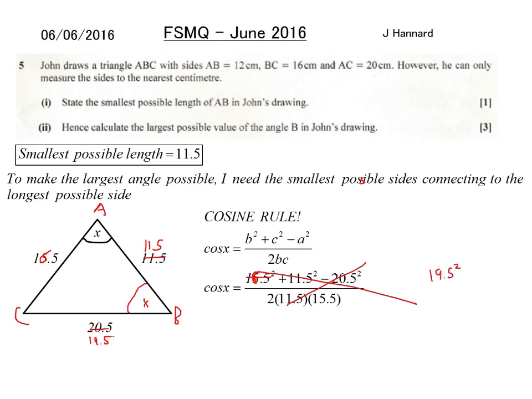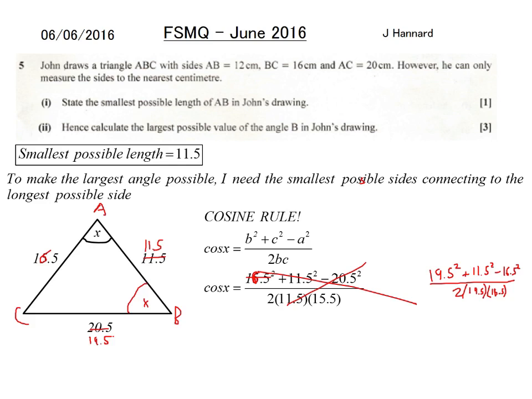So it's going to be 19.5 squared add 11.5 squared minus 16.5 squared over 2bc, which is 2 times 19.5 times 11.5.